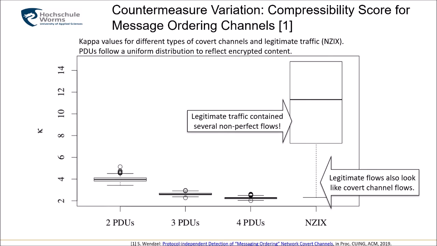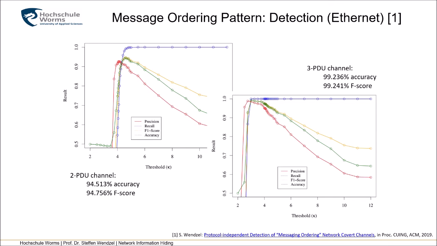So this is always the challenge if you have a non-trivial detection approach, because you have to deal with these overlappings. If I use the kappa value as a threshold for detection and calculate standard values like precision, recall, F-score, and accuracy, then for the 2 PDU channel that always changes the order of 2 segments, I get a maximum combined value for accuracy and F-score of 94.7%, which is around here at 4.2 something.